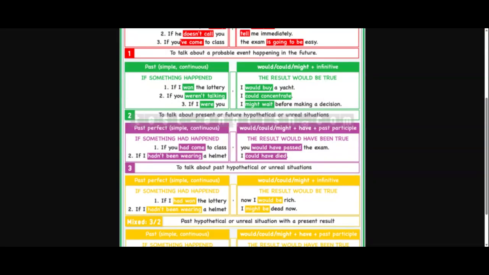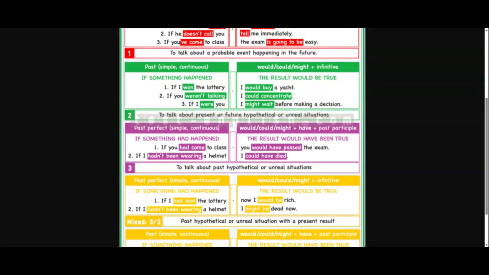And here again, we have a very specific combination of tenses. Past perfect or past perfect continuous plus would, could, might, and have plus past participle. We have here some examples. If you had come to class, you would have passed the exam.